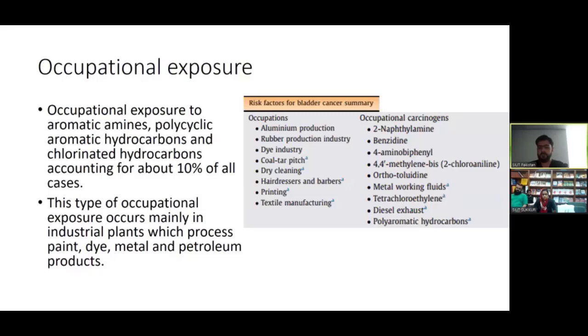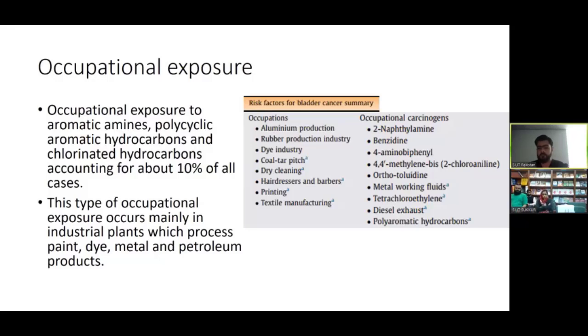Workers are more exposed to these chemicals when they are working in industrial plants such as paints and dyes, metals, and petroleum industries. Here we can see all the occupational risk factors and what specific chemicals these factories are producing that are putting our workers at harm.